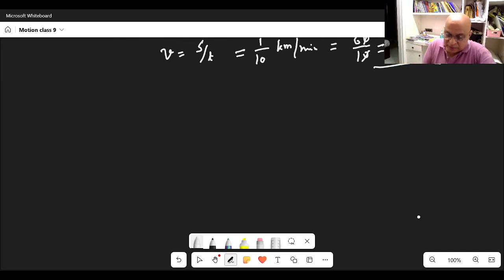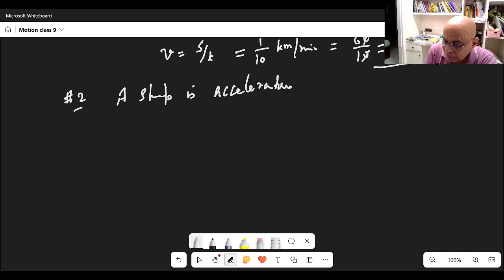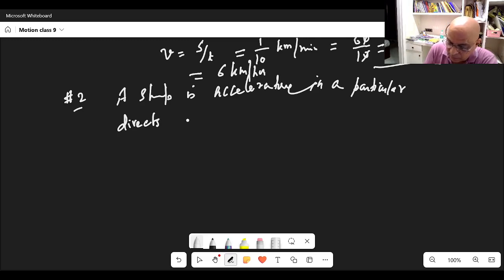Now let us do another problem. A ship is accelerating in a particular direction with A equal to 36 kilometer per hour squared.